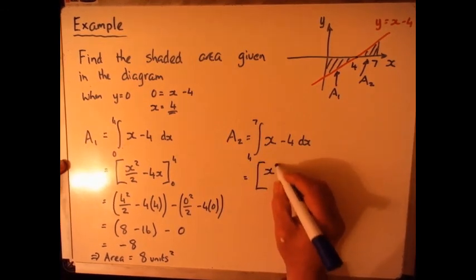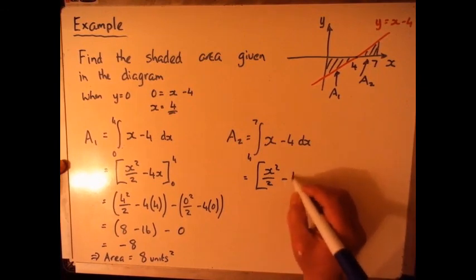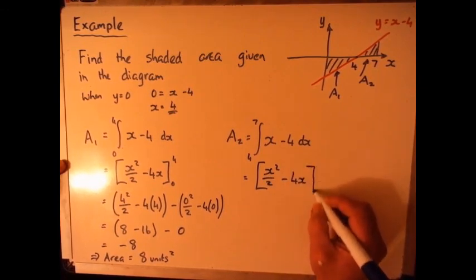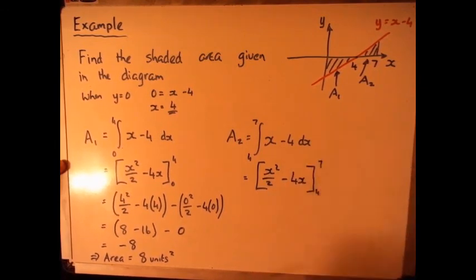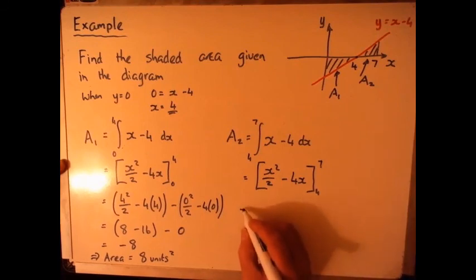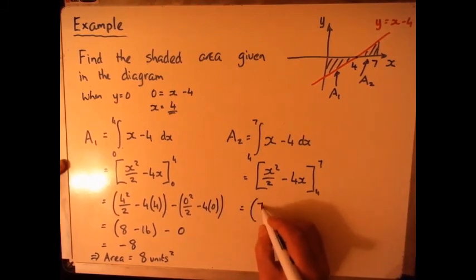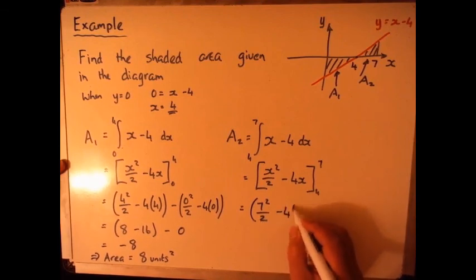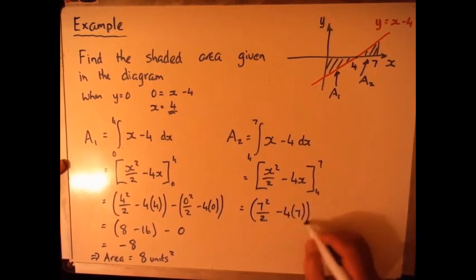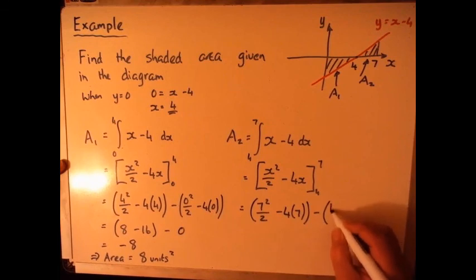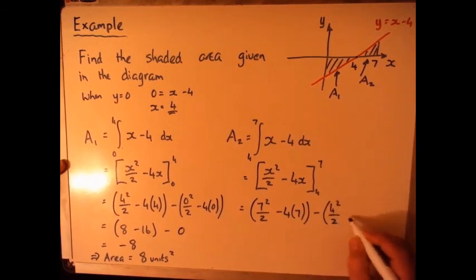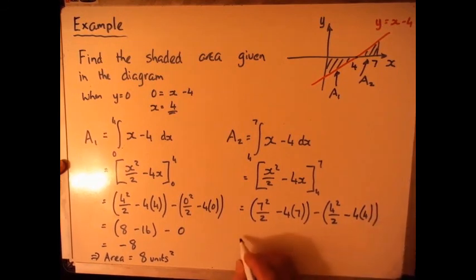Obviously the integration is going to give me the exact same thing because I'm integrating the same function. All that's different is different limits are going in. So my upper limit that's going in this time is 7 squared over 2 minus 4 lots of 7, and we're going to take away from that 4 squared over 2 minus 4 lots of 4.